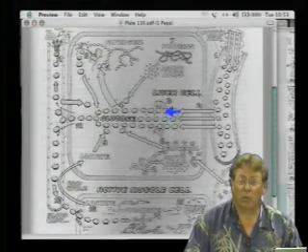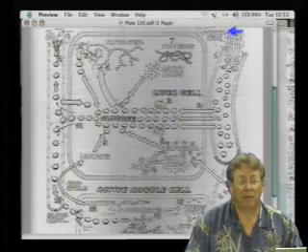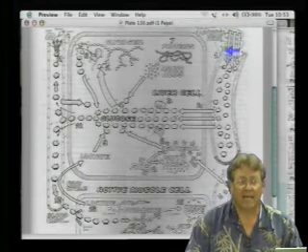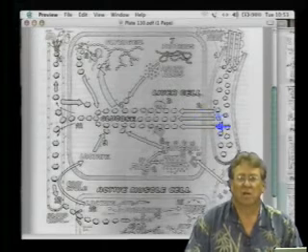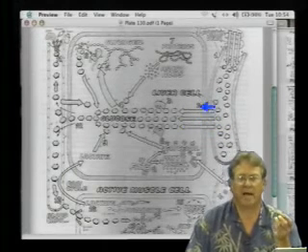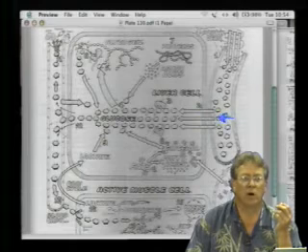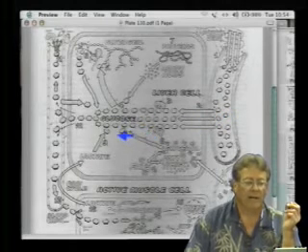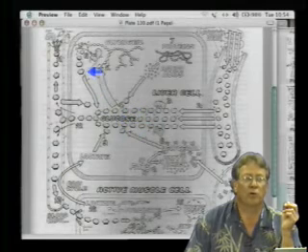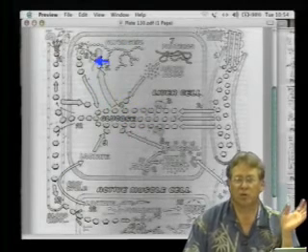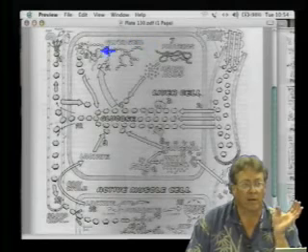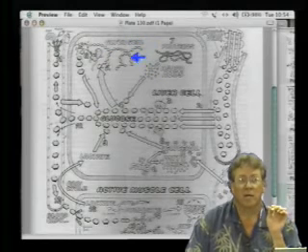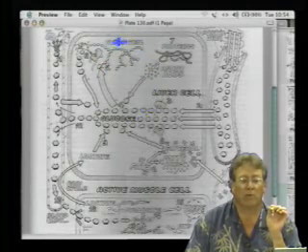The hepatic portal vein takes blood from the capillaries of the gut and delivers it to the capillaries of the liver. So this represents the exchange, the sinusoids and capillaries of the liver, where glucose is moved into the liver cell and converted to glycogen. There are enzymes that you all learn in biochemistry that take the glucose and put it in the storage form of glycogen.